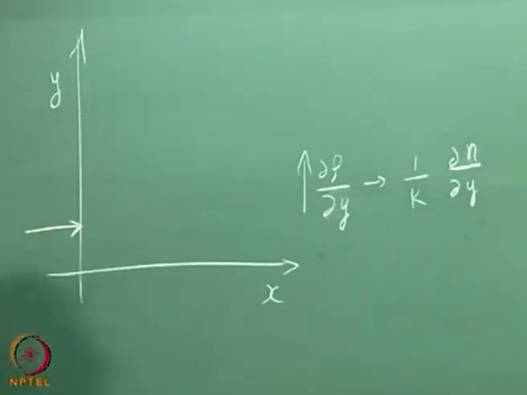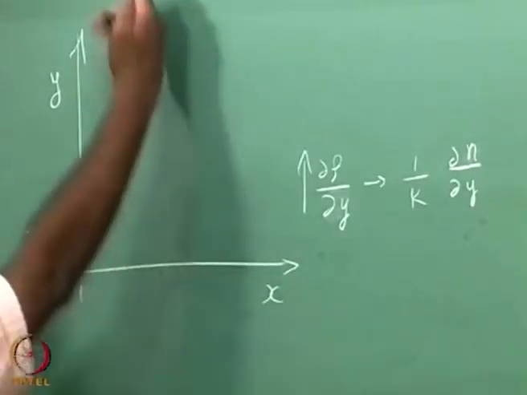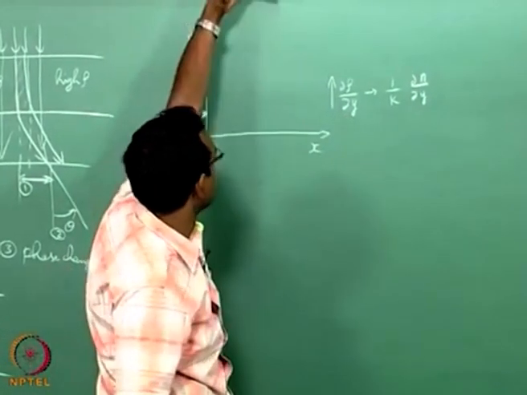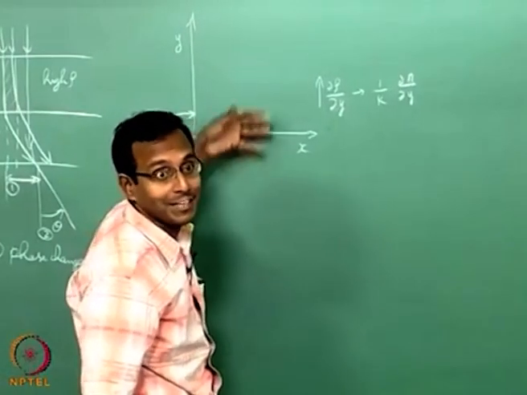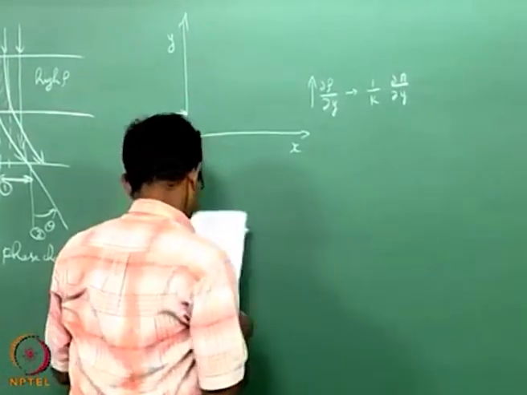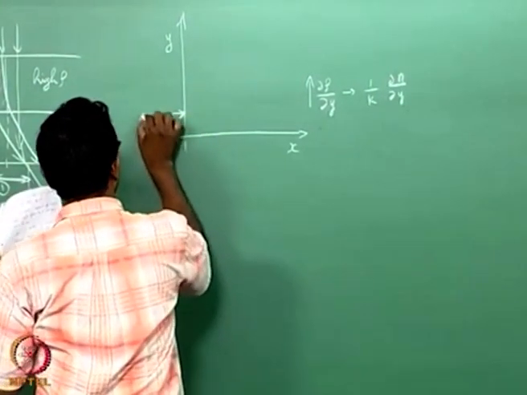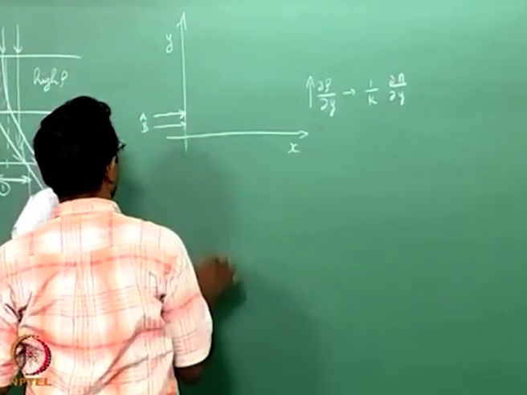If I say the density gradient is uniform along this direction, that is, it is a constant dou rho by dou y, I am assuming. If I say it is just a constant dou rho by dou y, density is increasing linearly, if I assume that, then we can write things like, I have a beam A and a beam B coming in.